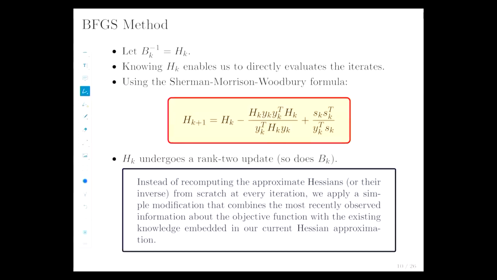Now, from a dynamical systems point of view, H is the state, y and s are the inputs. It's a nonlinear system, but that's how it is. Okay? So that's one observation.